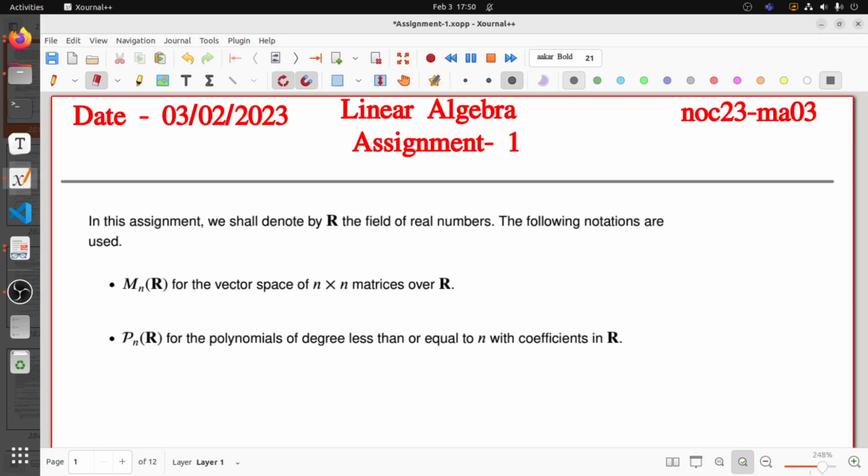So what three vectors will you take? Take any three vectors in the x-axis, because the x-axis is a subspace of R2. So if you take any vectors there, they will again be in R, this x-axis. So it will not span R2, right? So take these three vectors: (1, 0), (2, 0) and (3, 0).